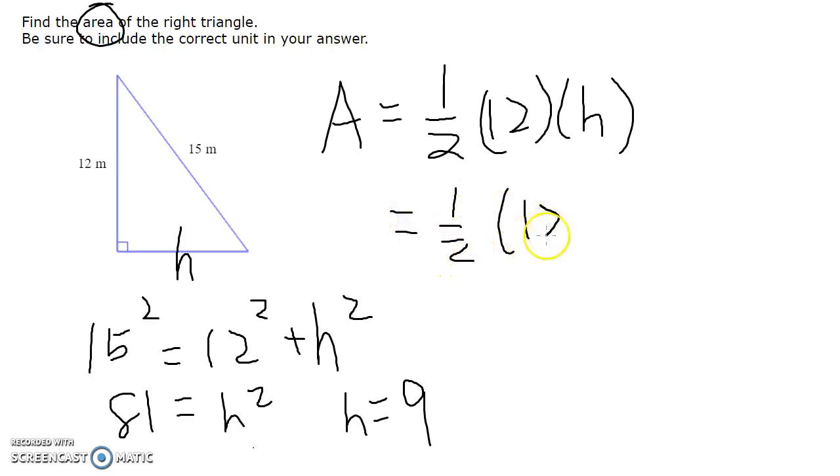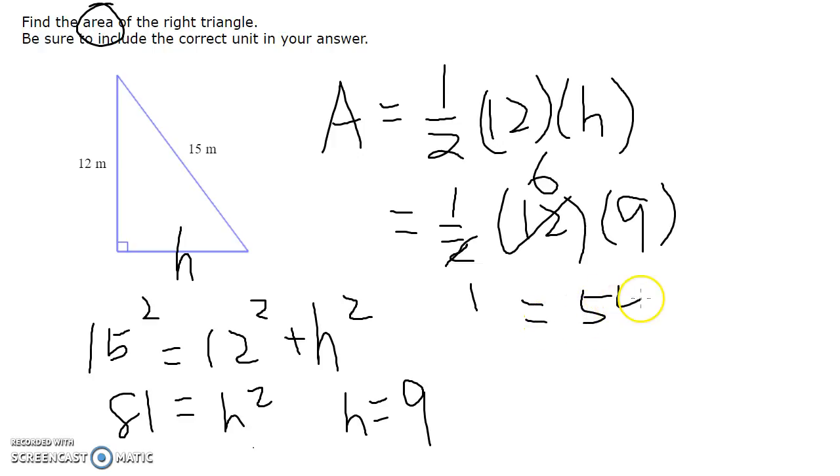This is half times 12 times 9, and the half and this 12 can be simplified. So my final answer is going to be 54. And they want us to write the correct unit. Everything is in meters, so in terms of area, that will be 54 meters squared.